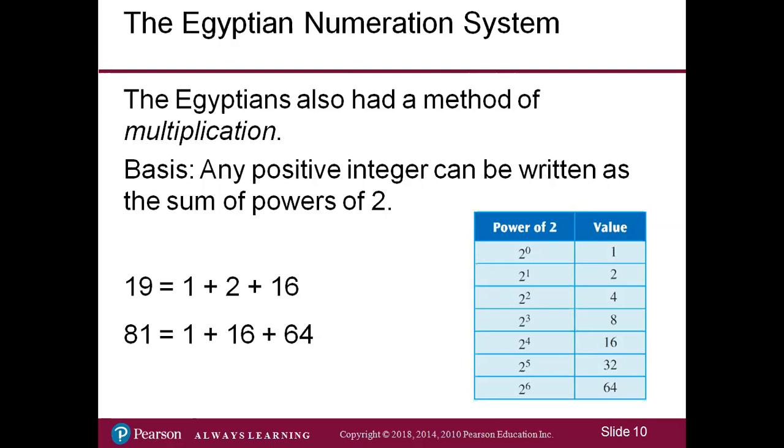2 to the power 4 is 16. 2 to the power 5 is 32. 2 to the power 6 is 64. So 19, for example, is 1 plus 2 plus 16. 81 is 1 plus 16 plus 64, using the highest value of power of 2s we can.